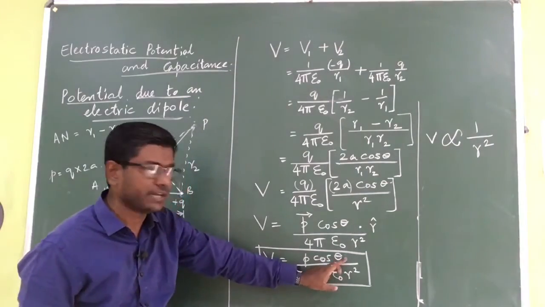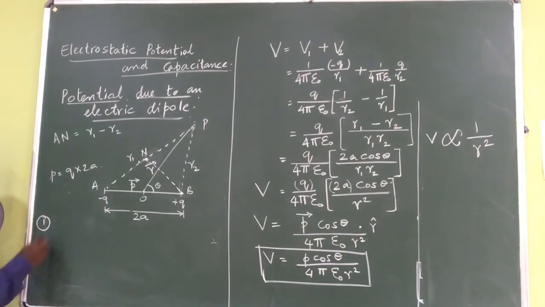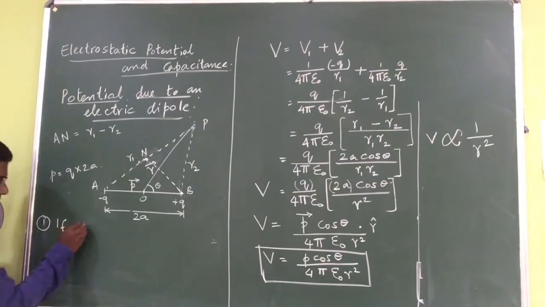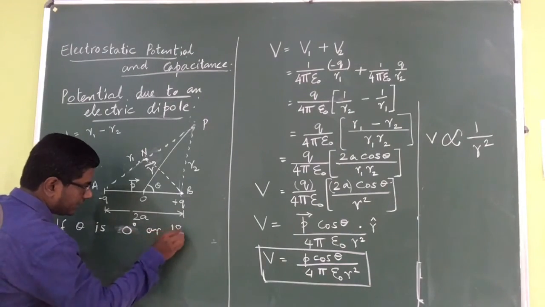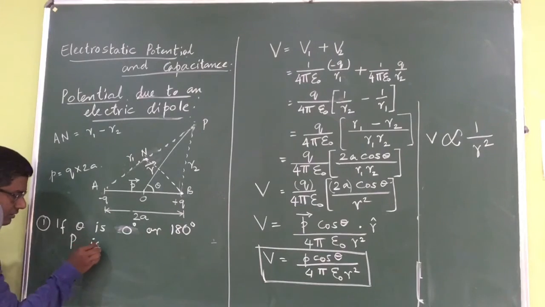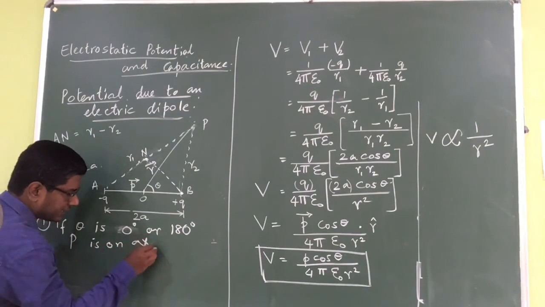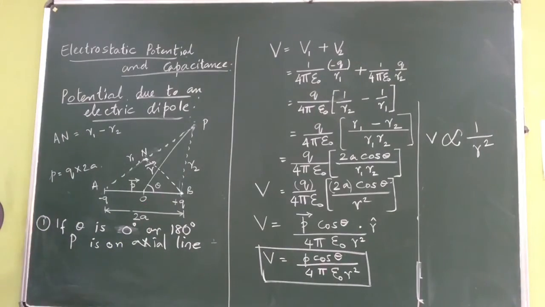We have those values for this cos theta. That is, the first special case is if theta is 0 degrees or 180 degrees. It means P is on the axial line. In this case, what should happen?